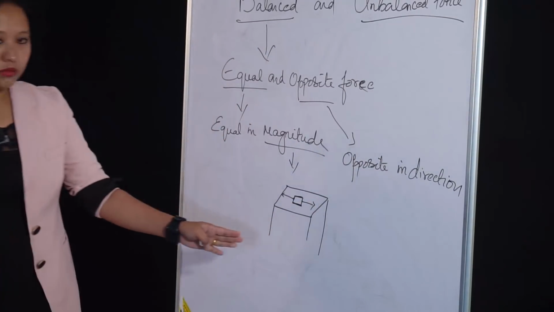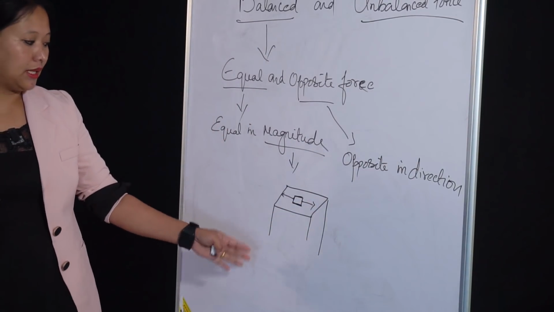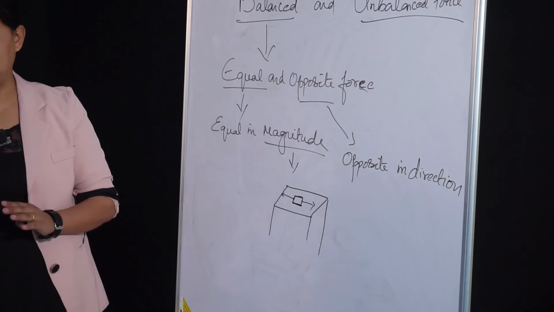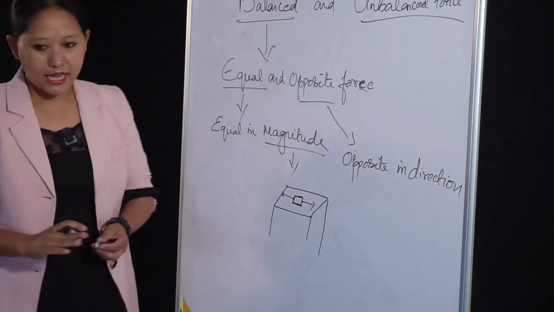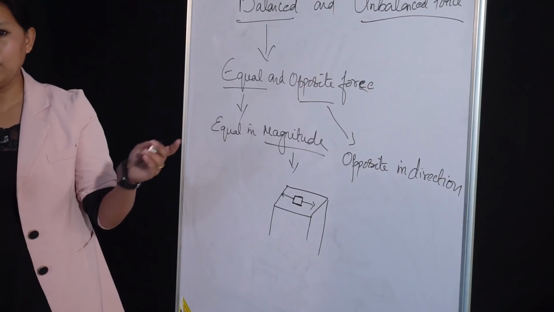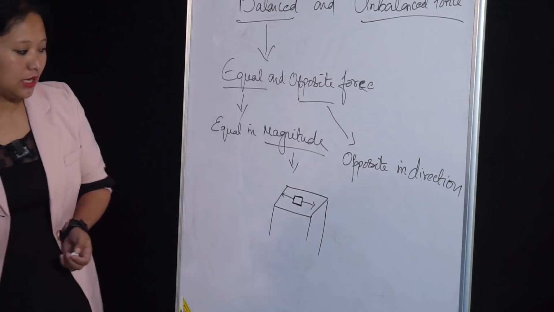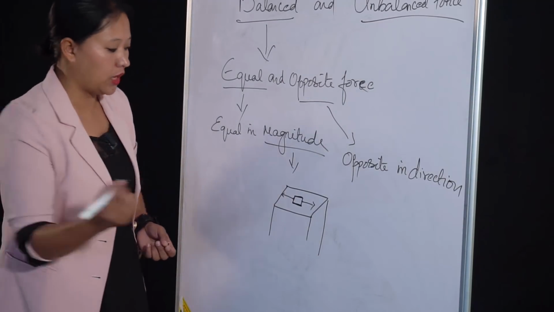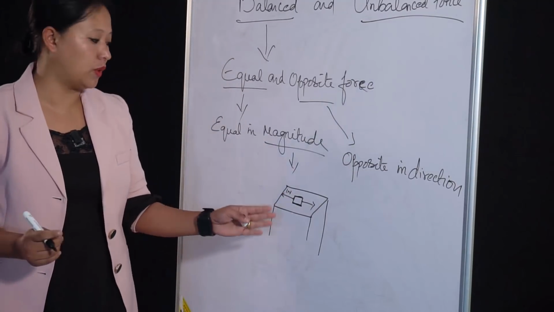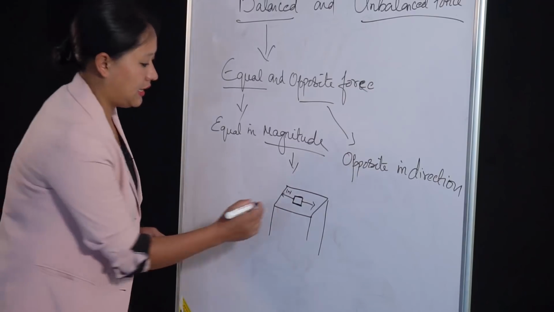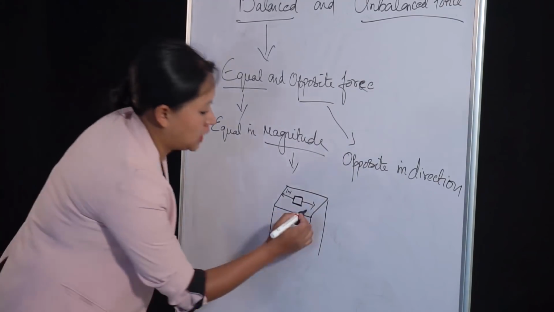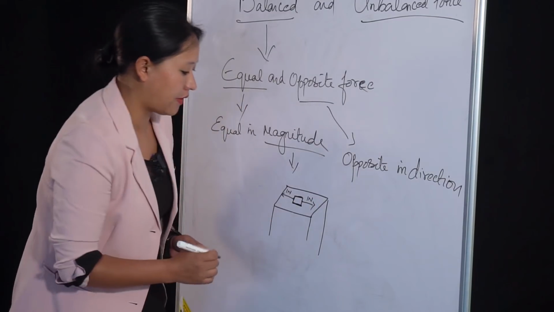And as we all know, the unit of force is Newton. So we apply a force of 1 Newton in this direction, and the same force, that is 1 Newton, here in the opposite direction.